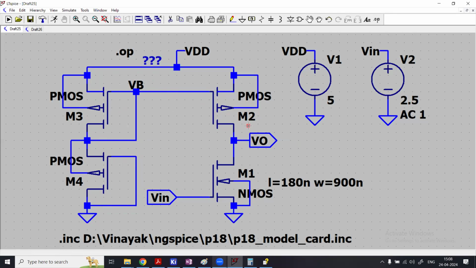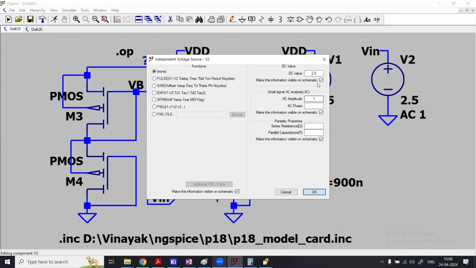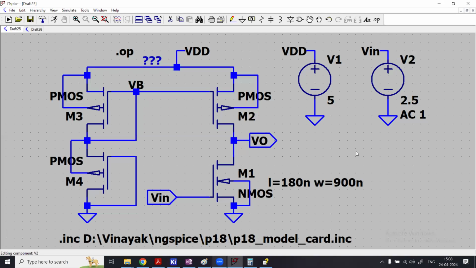Now, I have used this VDD of 5 volt. I can change the voltage here also, and then on the V in, I am using the bias voltage, let me just remove it for a moment, a DC value of 2.5 volt.